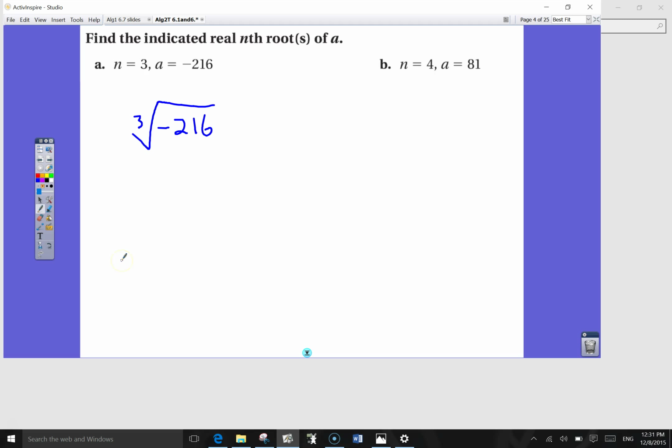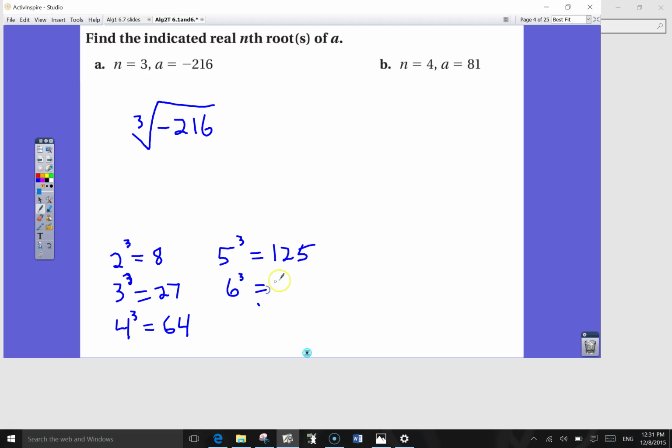I mean, 1 to the third is 1, 2 to the third is 8, 3 to the third is 27, 4 to the third is 64, 5 to the third is 125, 6 to the third is 216.